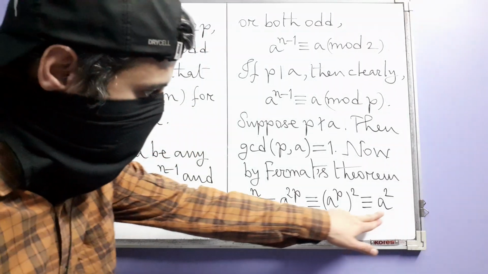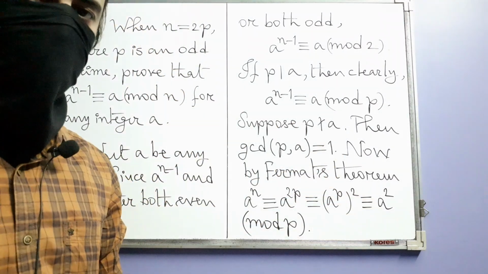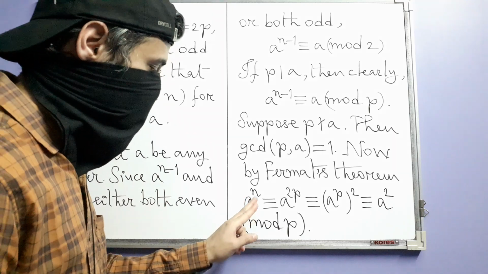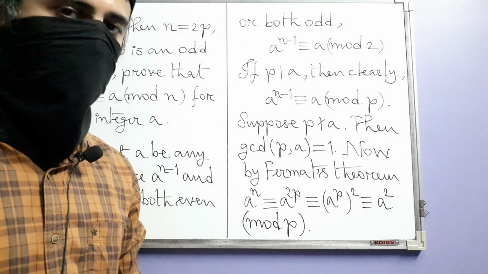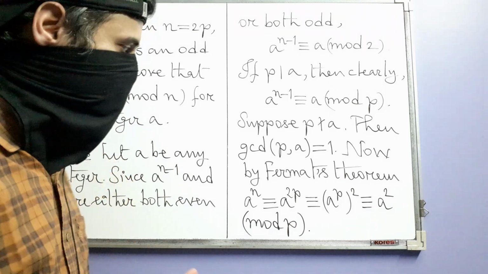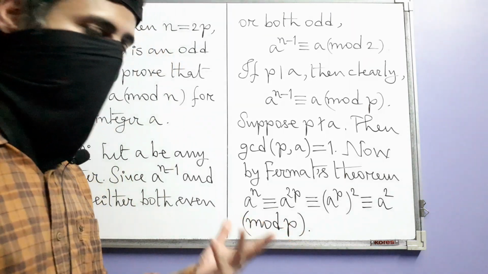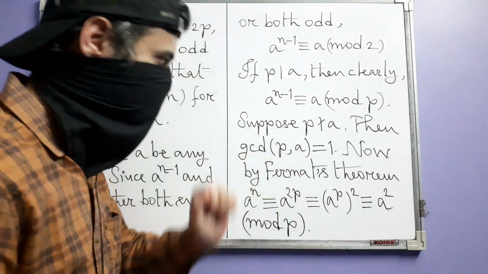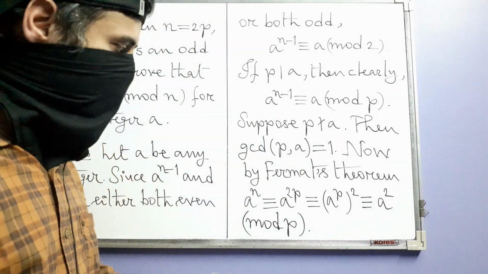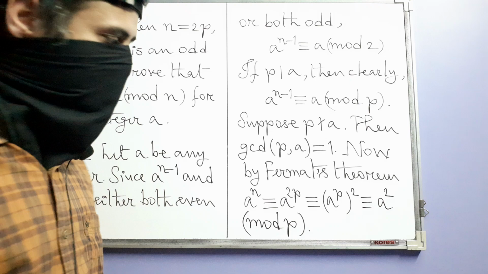Okay, so at this step we are using Fermat's theorem. Now we can cancel a from both sides. Why? I mean, what gives us the liberty of doing so? This fact that a and p are relatively prime. Otherwise, we cannot just simply cancel it.